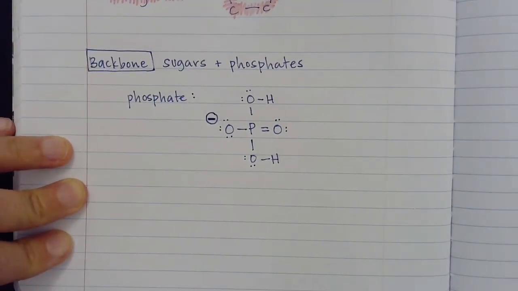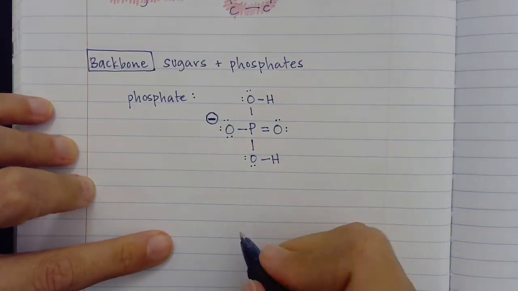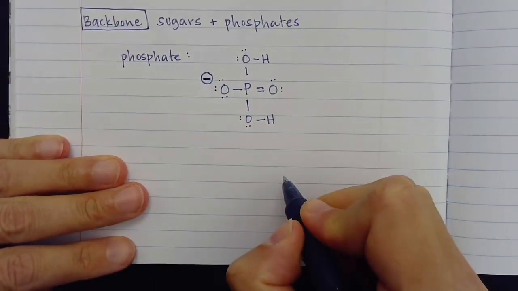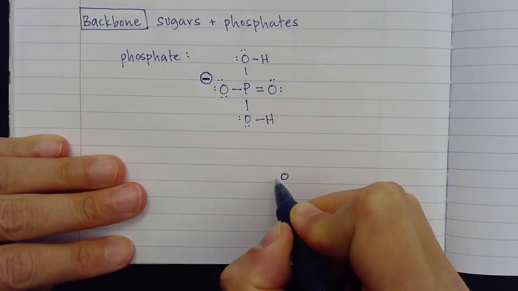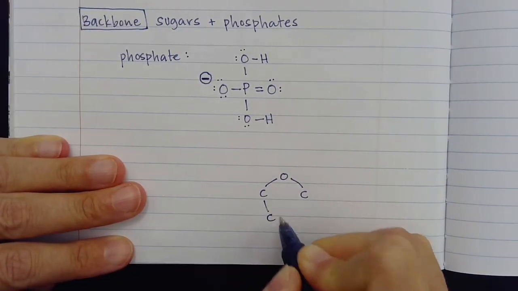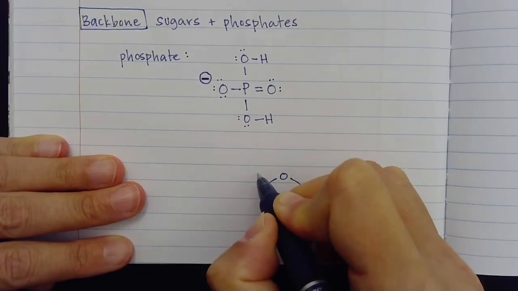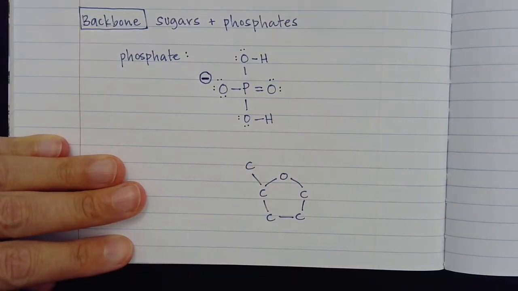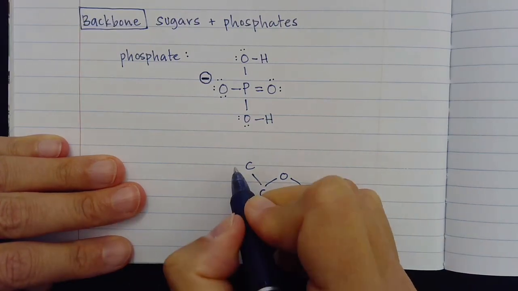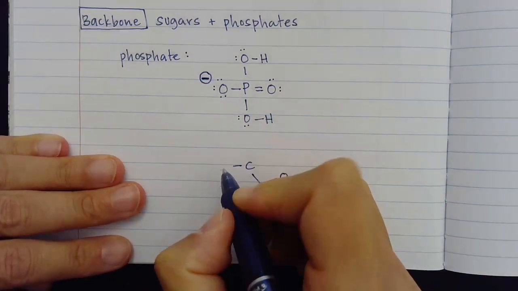The sugar is made up of that ring with an oxygen at the top, and then there are 4 carbons in the ring, and then there's 1 carbon sticking out of the ring. Now this carbon that's sticking out of the ring also has an OH.